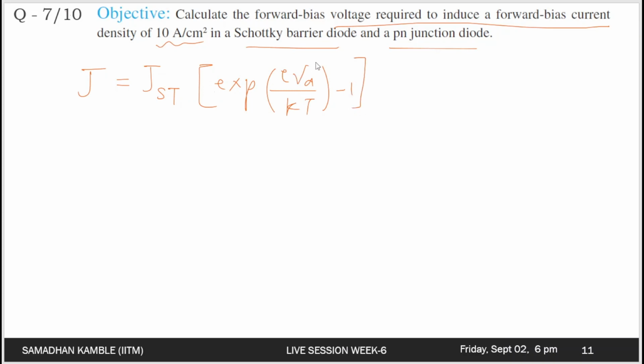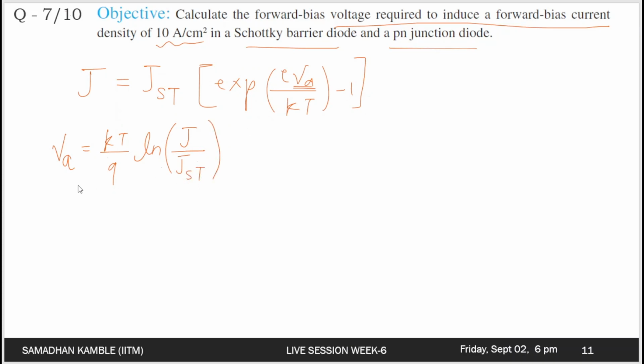So we need to find this voltage V_A. We can ignore the minus 1 as compared to the exponential value, and rearrange for V_A. V_A will be equal to kT over q, and if you take the ln on both sides, it cancels the exponential and it will simply be J over J_ST.